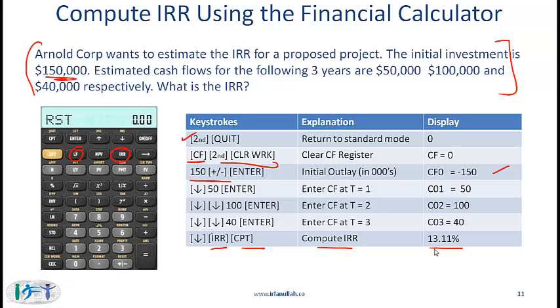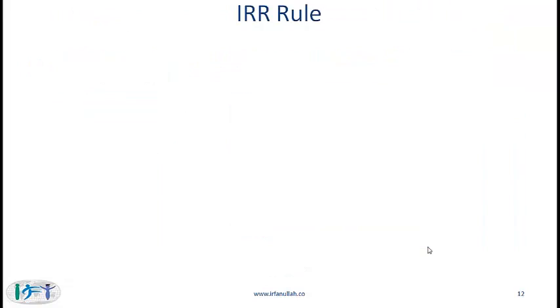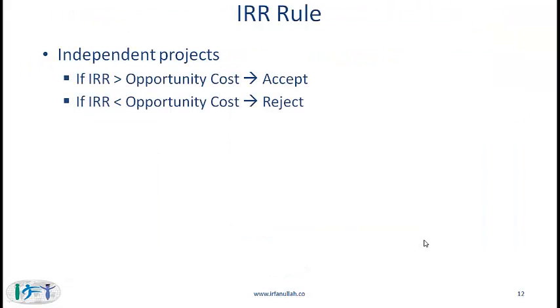This method clearly is much simpler than what we saw earlier, but you still need to understand the concept that the IRR is that rate of return which makes the NPV equal to 0. Just like there is a NPV rule, there is also a IRR rule. For independent projects where you are simply making a yes/no decision on a given project independent of all other projects, if the IRR is greater than the opportunity cost, then you accept a project.